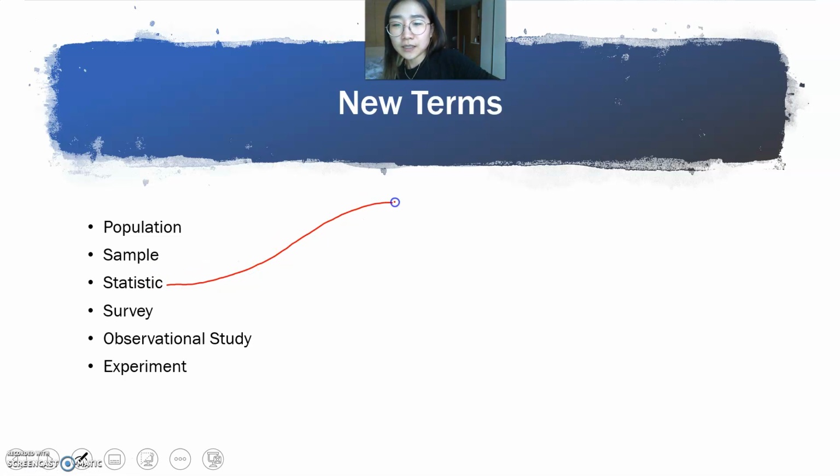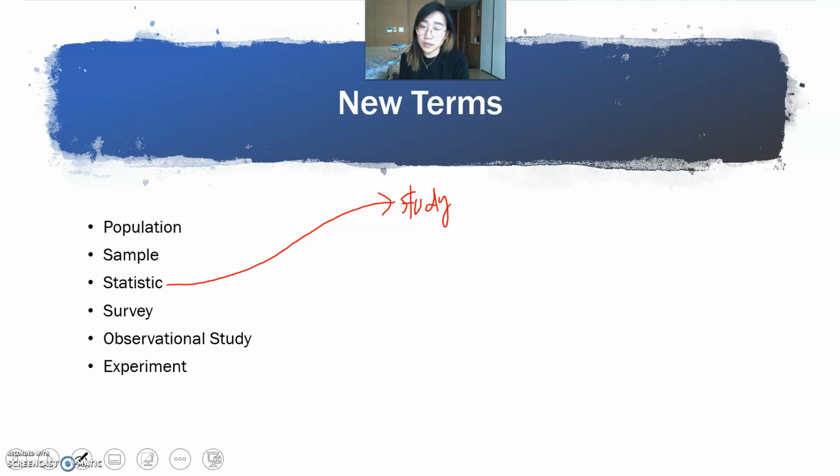So let's actually define what statistics is. Statistics can be used in two different ways. It can be a study of data, right? Usually when we talk about statistics, we have a way of organizing the data, and a way of representing the data.